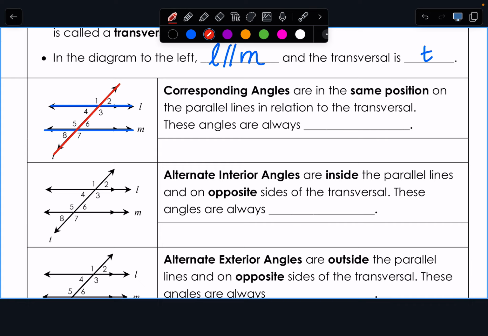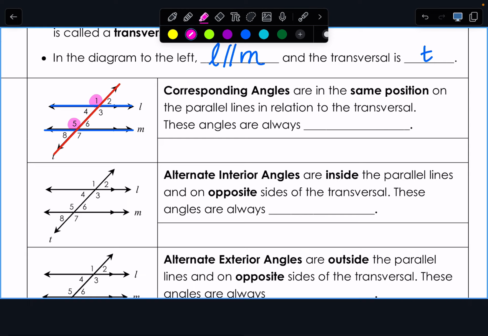So, corresponding means this group of 4 and this group of 4, we have angles in the same position. So if we take our highlighter and we highlight angle 1, over here, what's in the same position as angle 1? Angle 5. So we say that 1 and 5 are corresponding angles.